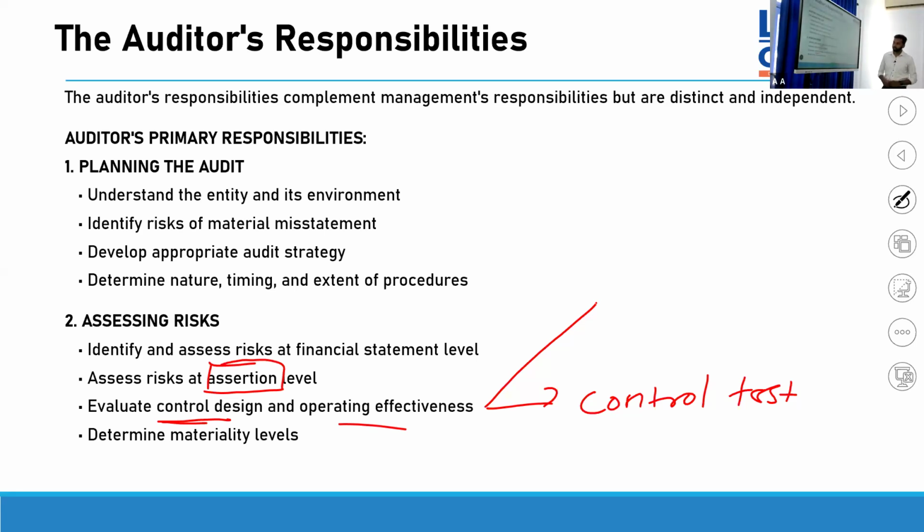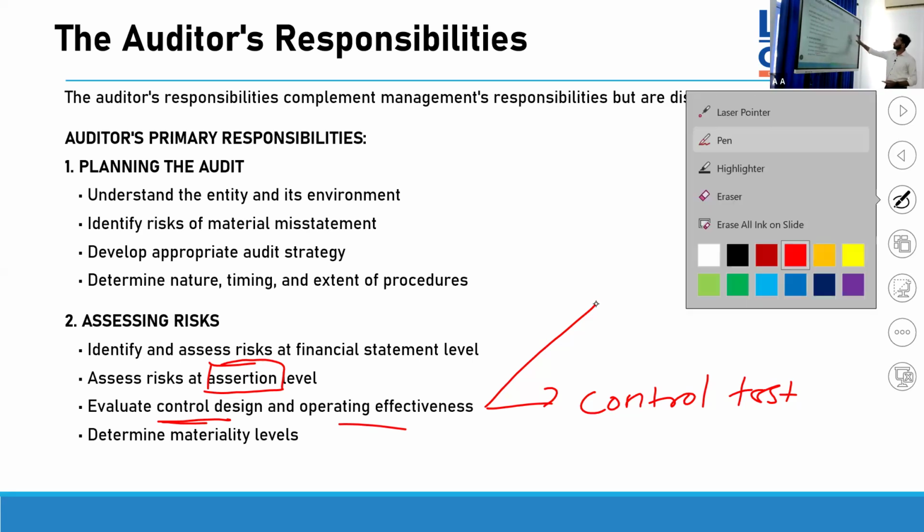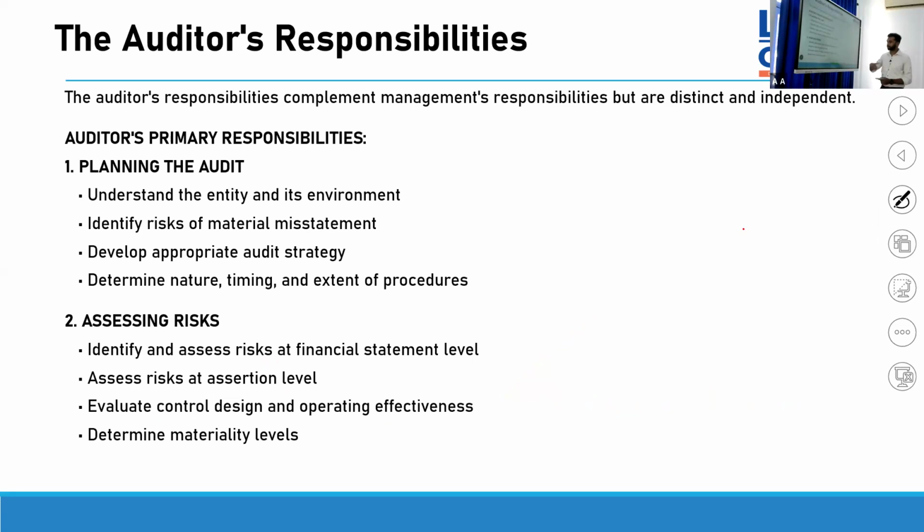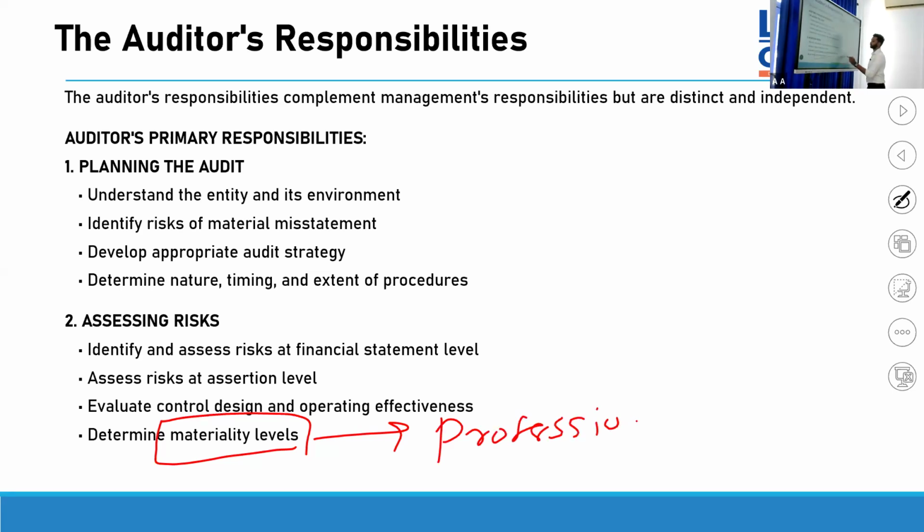Therefore, it is the responsibility of an auditor to evaluate the control design and operating effectiveness, as well as determine the materiality level, right? Determining the materiality level is also the responsibility of the auditors, but in order to determine the materiality level, auditors must use professional judgment.